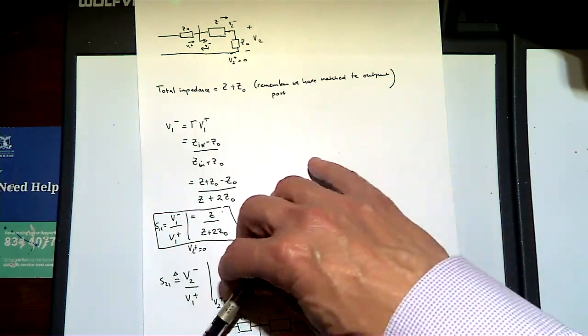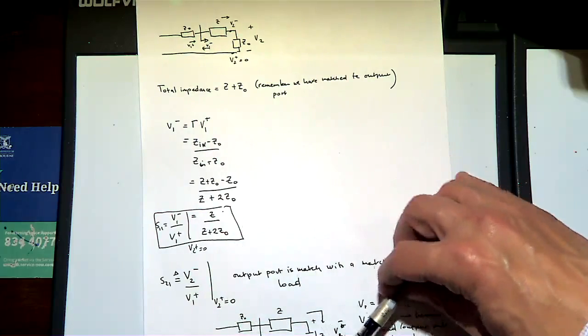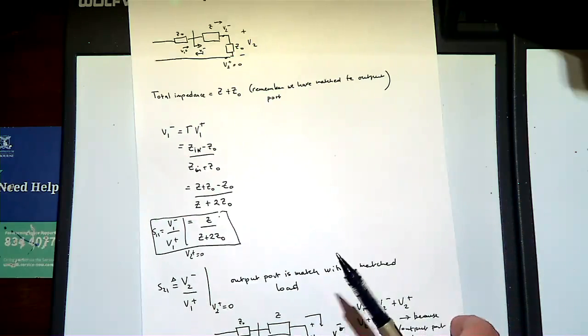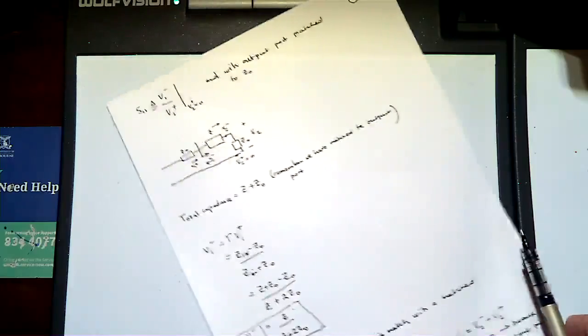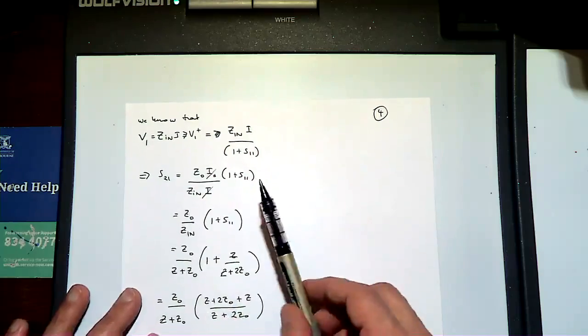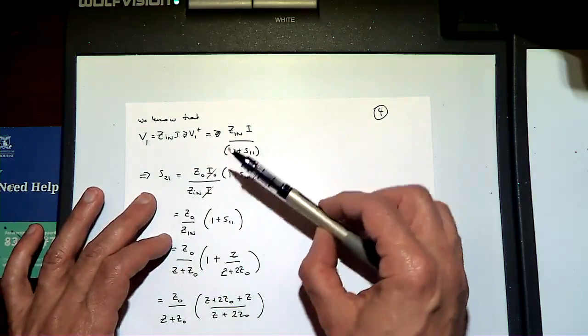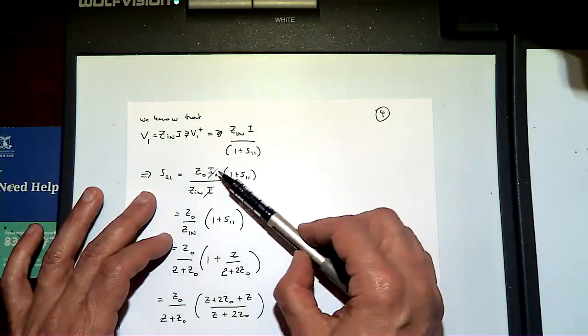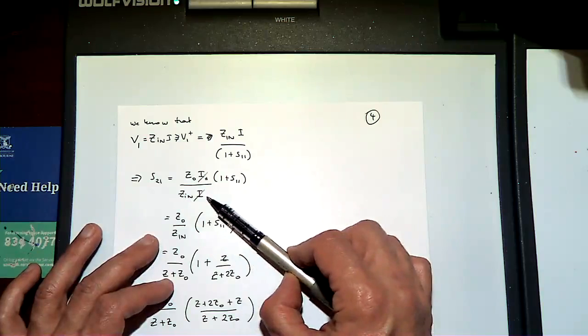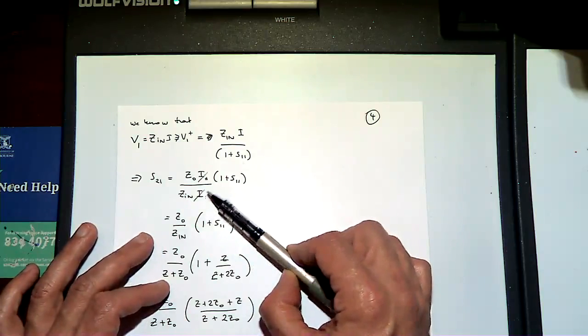So essentially V1 is equal to V1 plus times 1 plus S11. Again, nothing special. And then when we continue through the process, we get to the stage where S21 is equal to Z0, I0 on 1 plus S11 on Zn times, again, I0 or I.